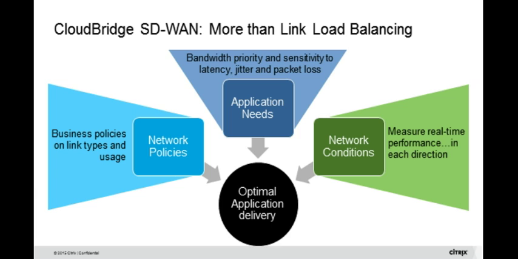The CloudBridge solution measures for each link in real time in each direction the performance of each wide area network link, and it places application traffic on a link or links based upon the performance of that network link, as well as the latency, jitter, and packet loss parameters that I talked about just a few seconds ago.